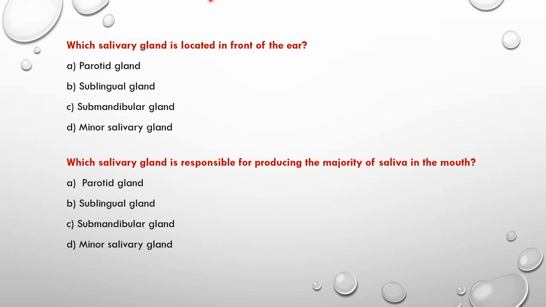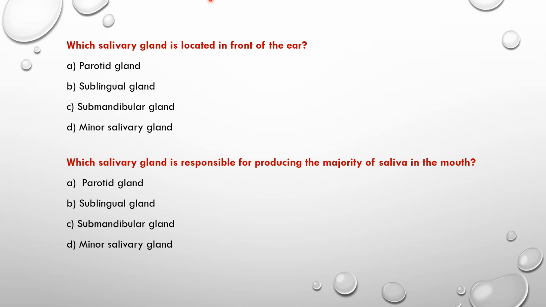Okay, the first question: which salivary gland is located in front of the ear? Parotid gland, sublingual gland, submandibular gland, minor salivary gland. Yes, exactly, the parotid gland.